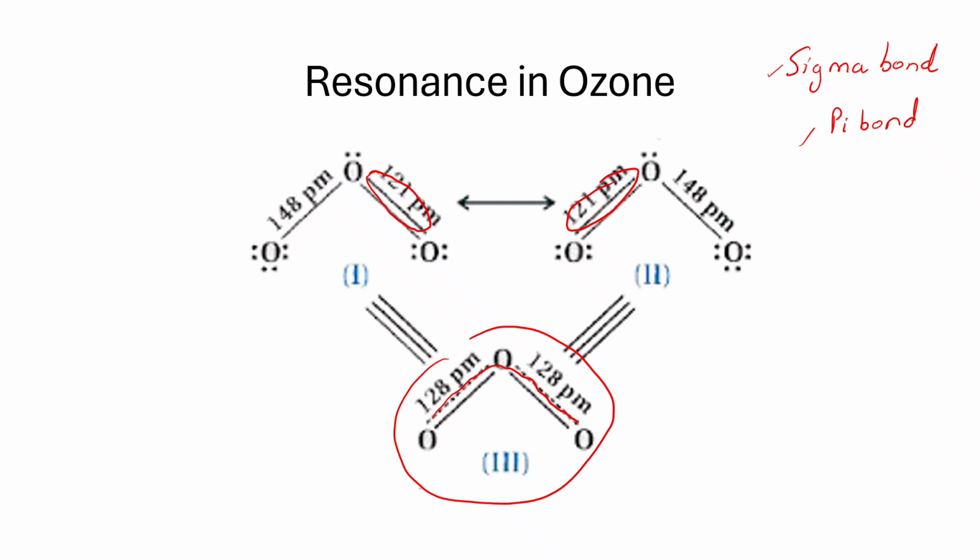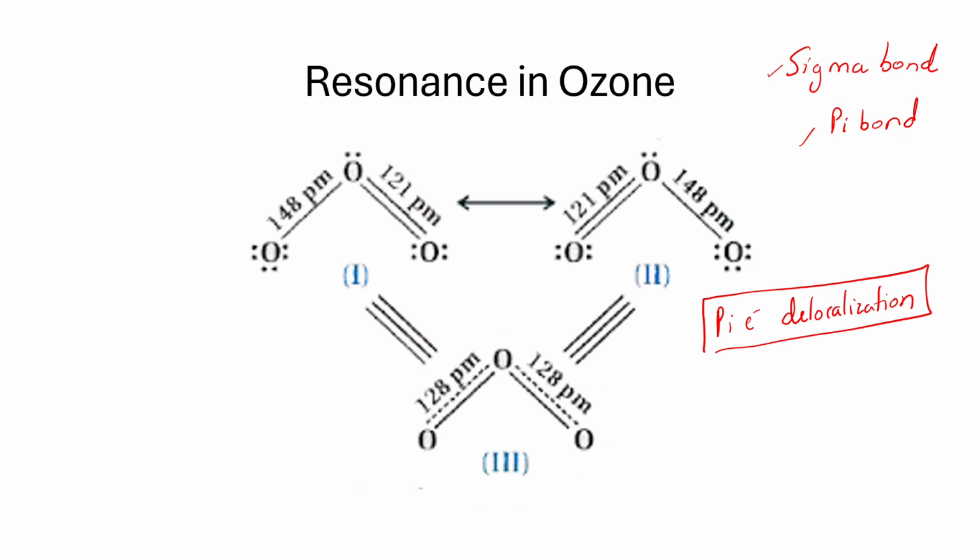This phenomenon of pi electron delocalization is what is called resonance. Due to resonance, the molecule gets a lot more stability. You might ask how. That's because instead of the electron density being concentrated in one region, it's being spread over the entire molecule, which decreases the reactivity and enhances the stability of the molecule.